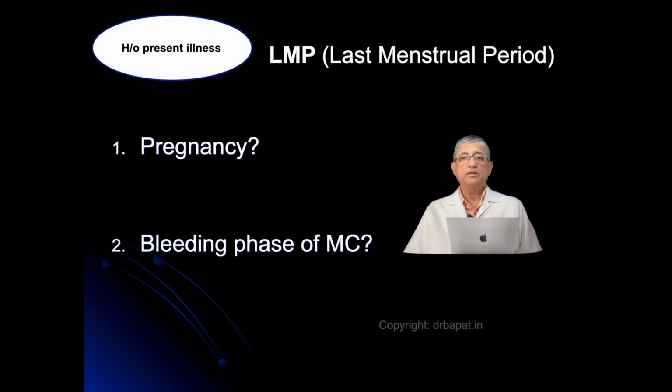And the second reason is that in case if you are planning an elective operation in the pelvic region, say for example an interval appendectomy, better do it after the bleeding phase of menstrual cycle is over, because more oozing of blood occurs due to pelvic congestion during the bleeding phase of a menstrual cycle.